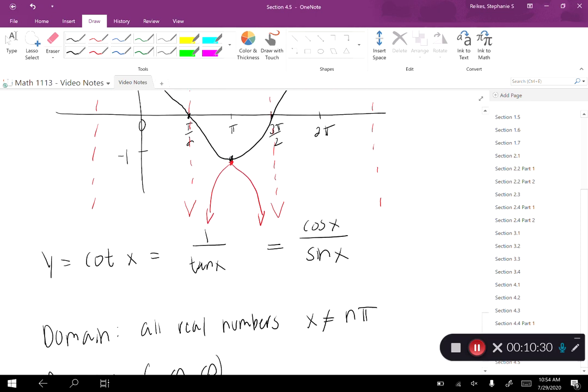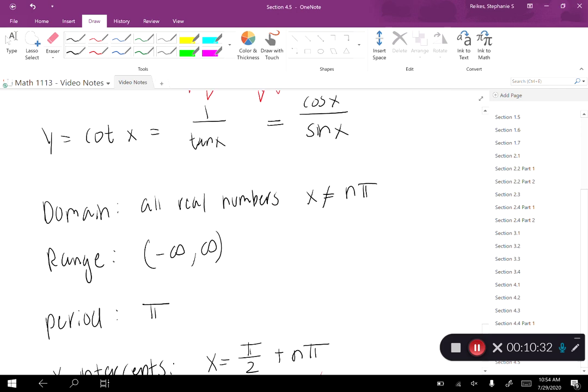All right, last but not least, let's talk about cotangent. Again, cotangent is 1 over tangent, which is also equal to cosine over sine. The domain is going to be all real numbers except where x is equal to n pi. Our range is negative infinity to infinity.